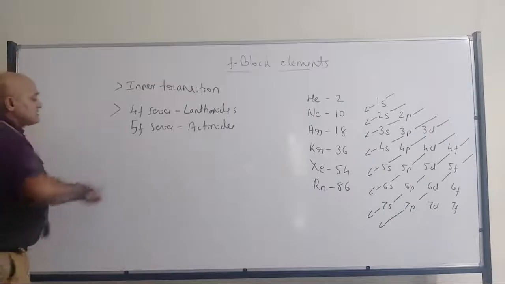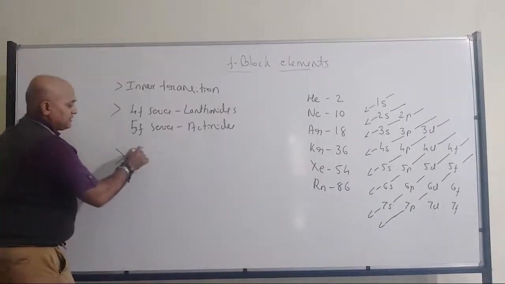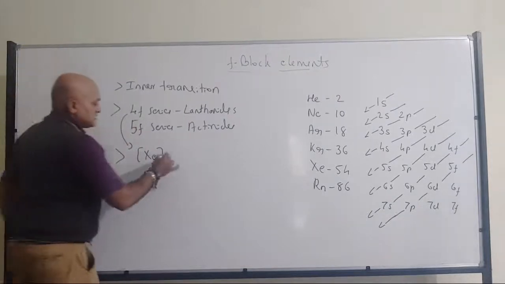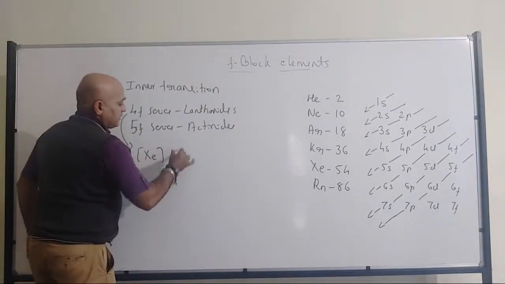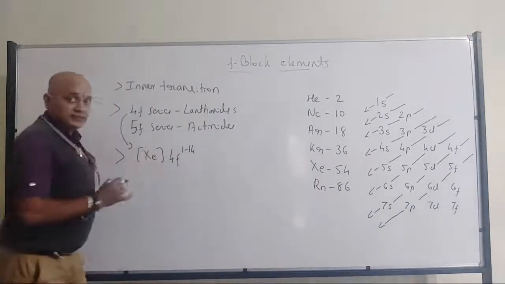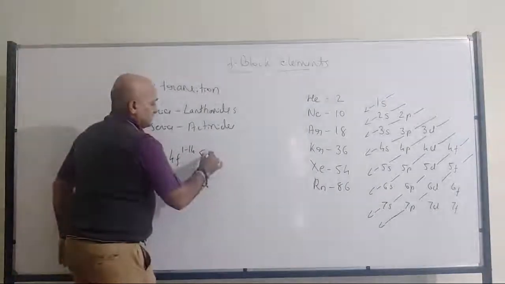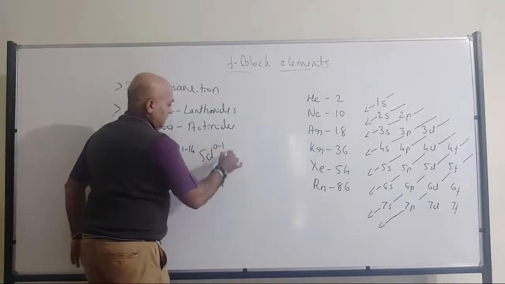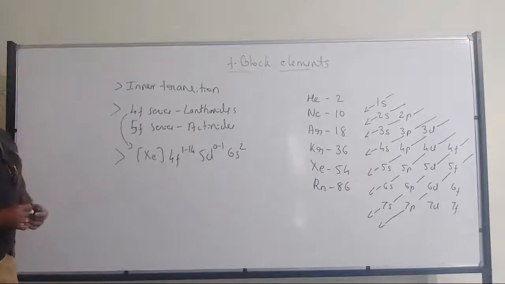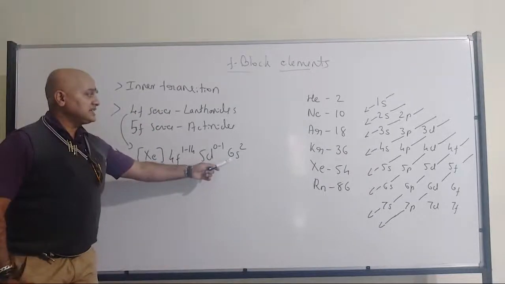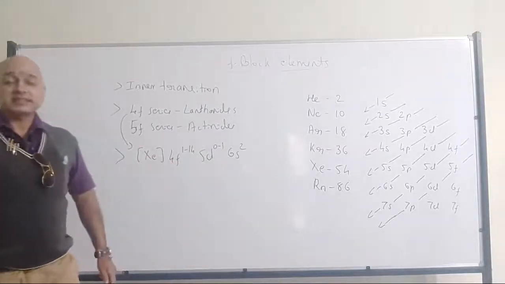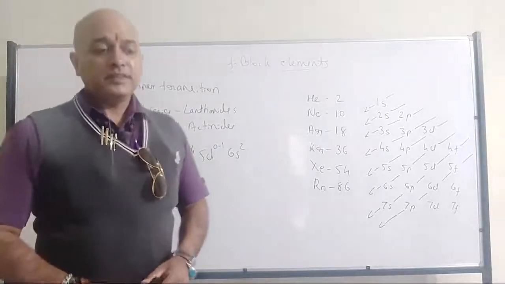Then we have discussed electronic configuration. The general electronic configuration for the 4F series is 4F 1 to 14, then comes 5D 0 to 1, then comes 6S2. Since the highest energy level is 6, it belongs to period number 6 in the periodic table.